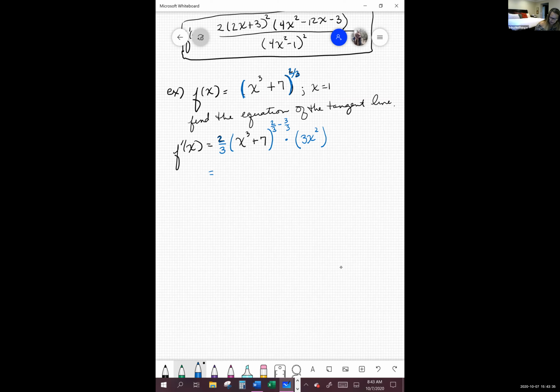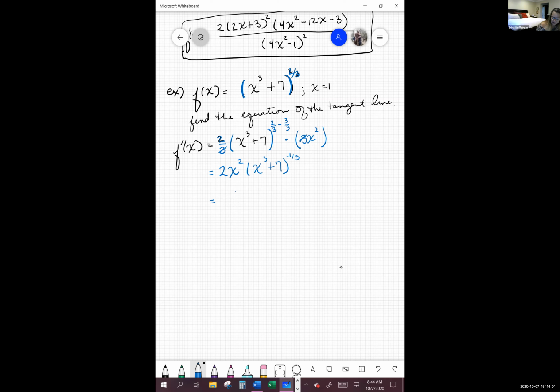So notice you have a 3 right here in the denominator and a 3 up here in the numerator. So those 3s are going to cancel. I'm just going to pull the x squared out front with that 2. So this is 2x squared times (x cubed plus 7) to the power of 2/3 minus 3/3, which is negative 1/3.